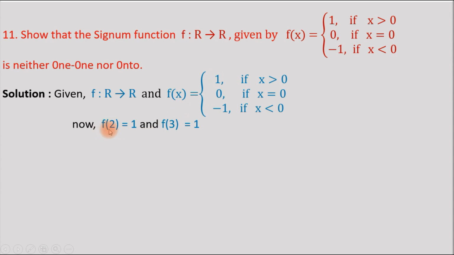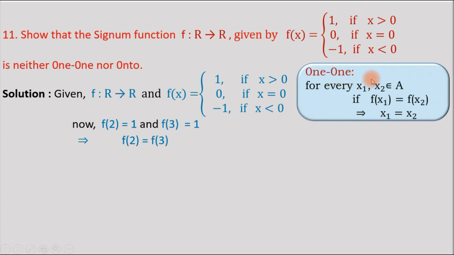So, f of 2 is equal to 1, f of 3 is equal to 1. It is of the form f of 2 equals f of 3. Hence the condition of one-one function is not true. It is of the form f of x1 equals f of x2, but x1 is not equal to x2. Therefore, this function is not one-one.